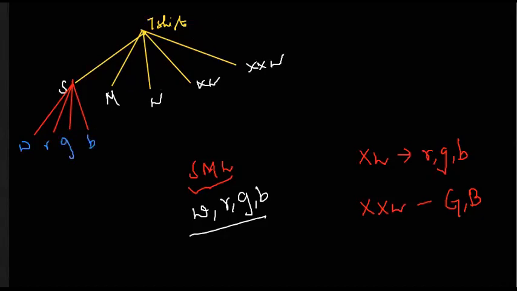Next, the same with M and L. Let's draw these 4 colors. This is for M. For L also we have 4 colors. And for XL, we have only 3 over here, RGB.